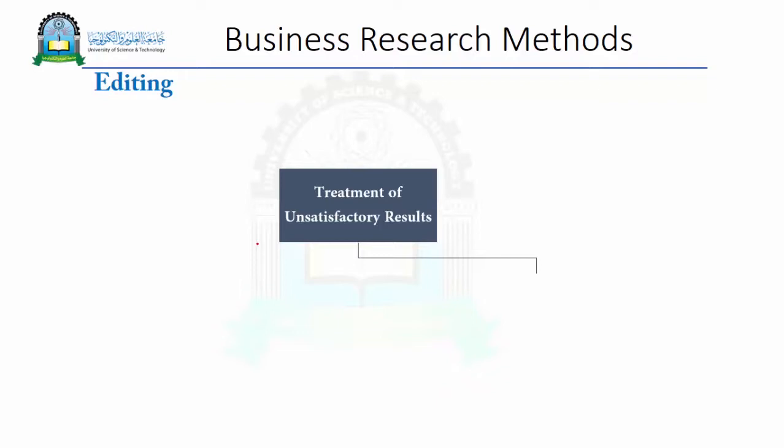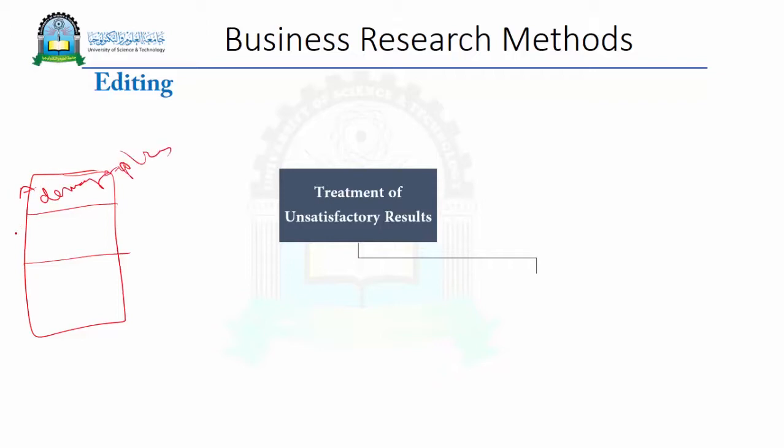The first type is where the respondent has answered only the first section, which is demographics, and the second section, which is items about the DV, and the remaining part is not completed.